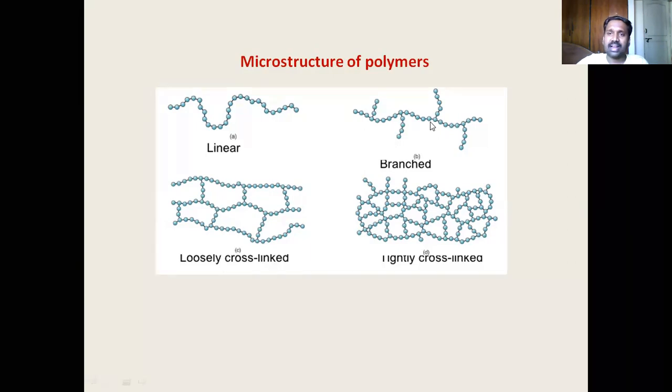A branched chain occurs when, for example, you see a monomer at the branch. In a linear chain, a monomer is divalent. If you take a monomer, let me not call it a monomer, a structural unit. Maybe by now you know how to differentiate a monomer and a structural unit.